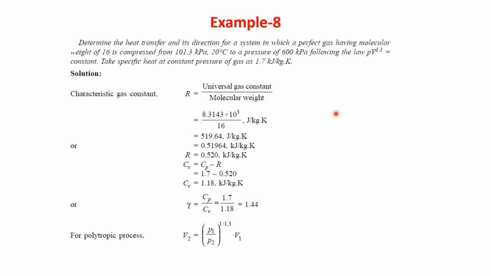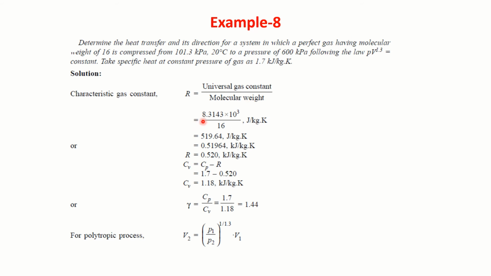Again, in a subsequent chapter we will be talking about ideal and real gases, where I will be dealing with this. Anyway, you must have studied this in physics in your earlier classes. Let us say the specific gas constant R is given by the universal gas constant divided by the molecular weight of the gas.